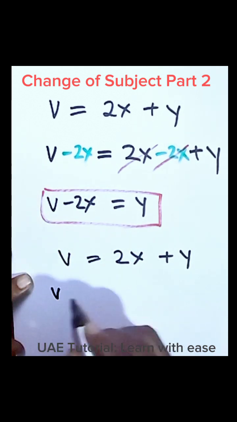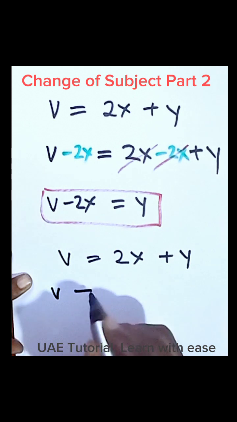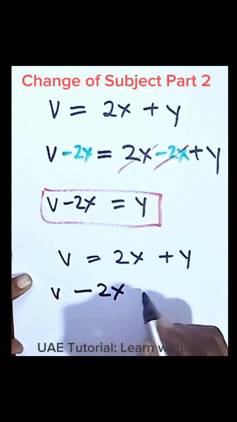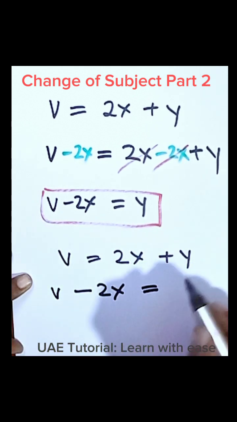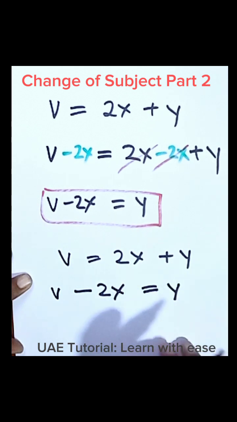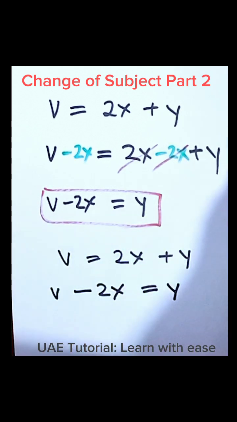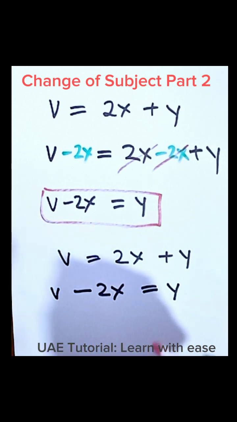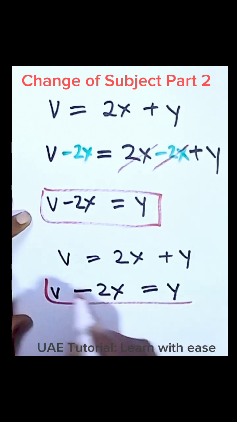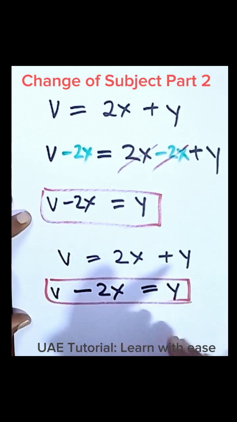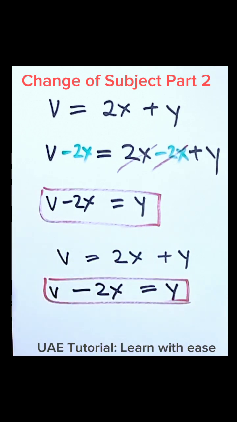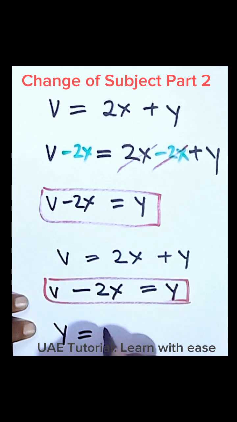So v minus 2x equals plus y, and plus y is the same thing as y. Lo and behold, we have gotten our y to be the subject of the formula because it is now in the form y equals v minus 2x.